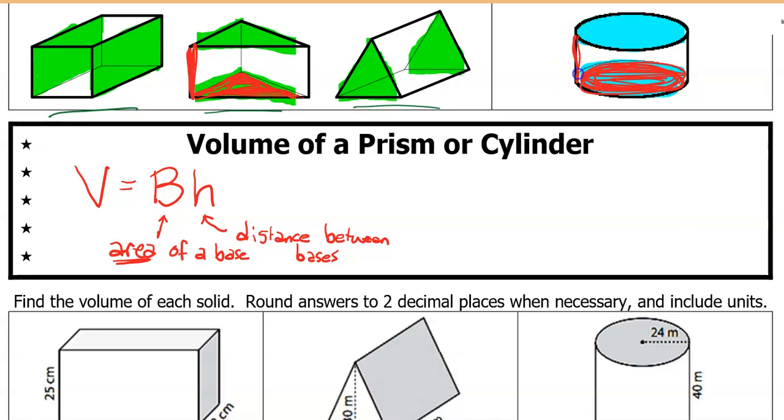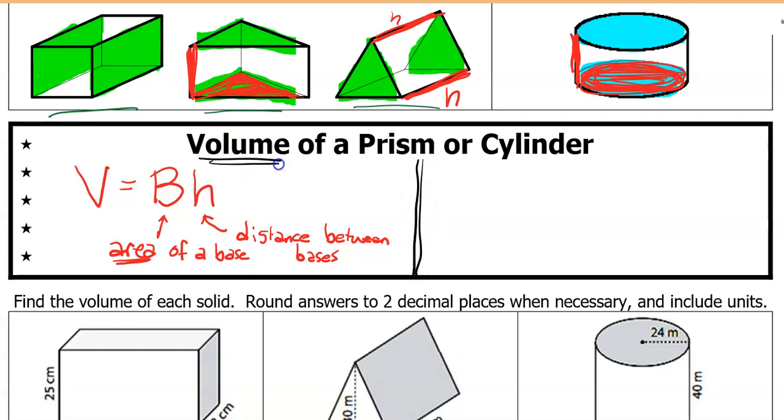For the cylinder, the height would be vertical as well, the thing that connects the two bases. But for this example right here, the height of that prism is actually sideways, or you could call this distance the height. So there's a formula. It's what, 3 letters, no big deal. But like I said, it might be helpful to think of it just as a two-step process.